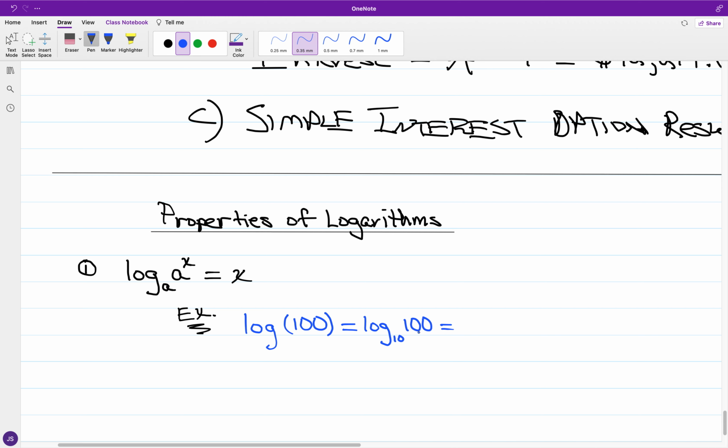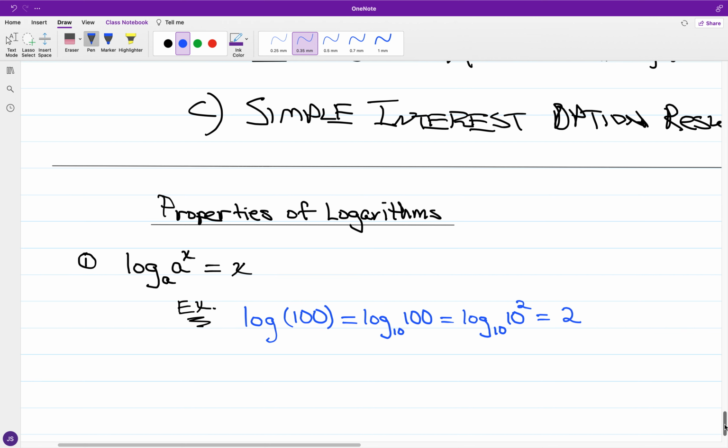Now, we don't have a match yet, but think about 100 relative to 10. 100 is a multiple of 10, and it also happens to be an integer power of 10. So 100 is 10 times 10, and in exponential terms, 100 is 10 raised to the second. So in this rewrite, a is 10 and x is 2, and so we have the base 10 logarithm of 10 to the second. That reduces to 2.